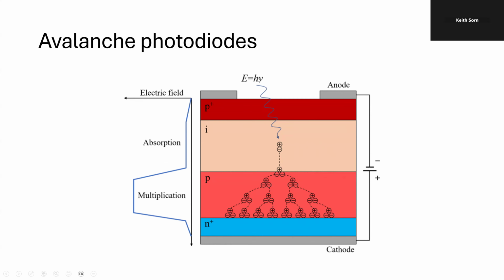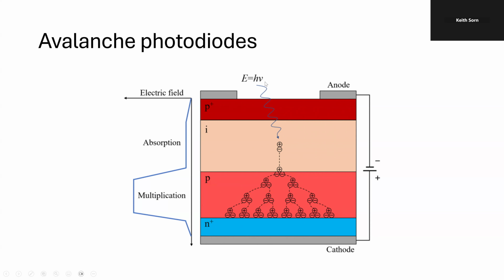The charge carriers are created by, again, some light. They are going to strike neutral atoms, and those neutral atoms are then going to become ionized, making more ions. Those ions in turn strike other neutral atoms, which in turn strike others, which in turn strike others.